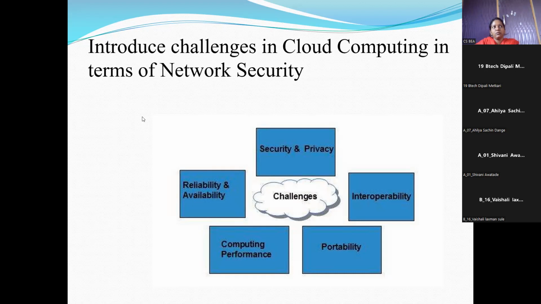So the first requirement for using the data on the cloud is nothing but a good network connection, isn't it? If the internet service providers are not giving you proper bandwidth, then you will be facing problems uploading or downloading your data, accessing your data, isn't it?